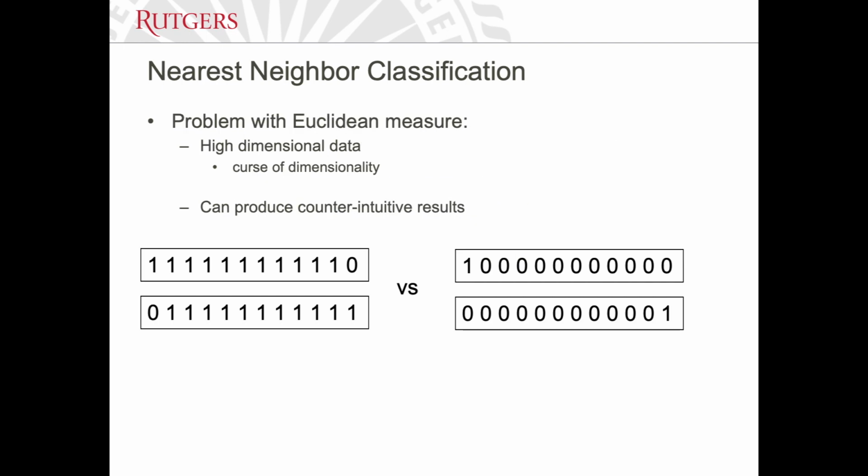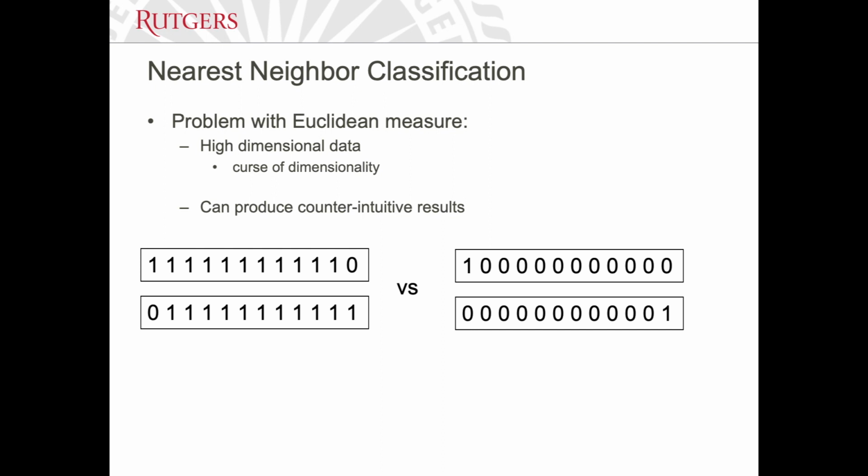Another issue with nearest neighbor is the Euclidean distance measure that is used to determine the similarity and dissimilarity between two instances. The accuracy of the measure could be impacted if the data has high dimensionality, and it may produce counterintuitive results.